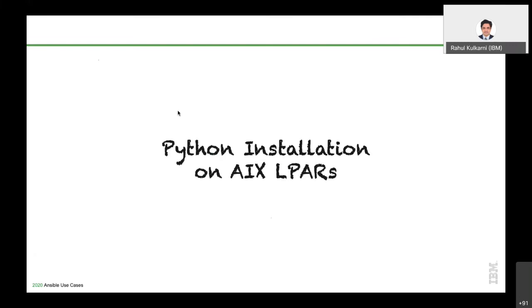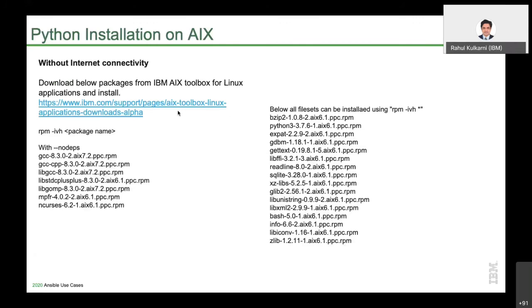For that, if you have internet connectivity, you can simply do yum install python, that will install it. In case you don't have internet connectivity, then you need to download all these RPMs from the AIX toolbox for Linux website, and then do rpm -ivh and install these packages.